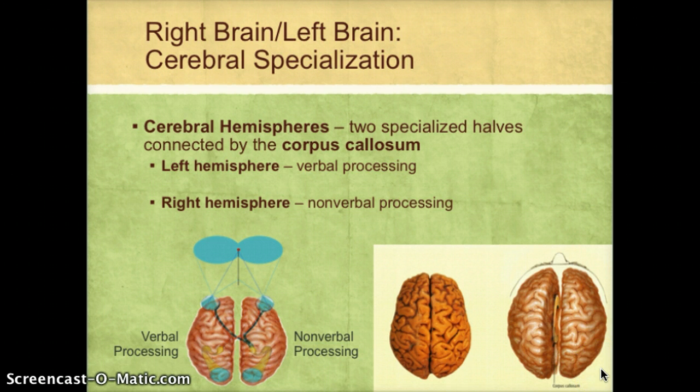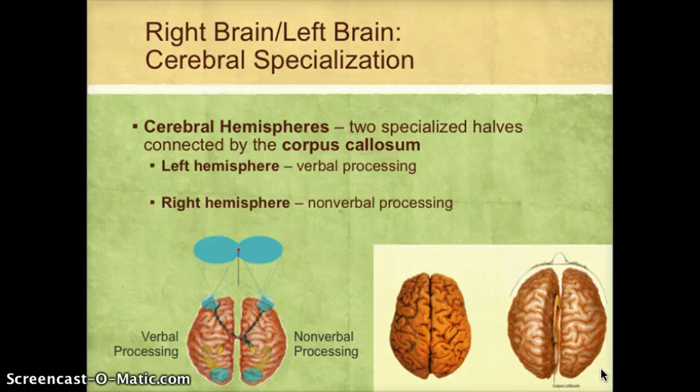Now, there's been a lot of misinformation about the difference between the right and the left hemisphere. A lot of people think there's very vast differences between them. Actually, the differences are very small.